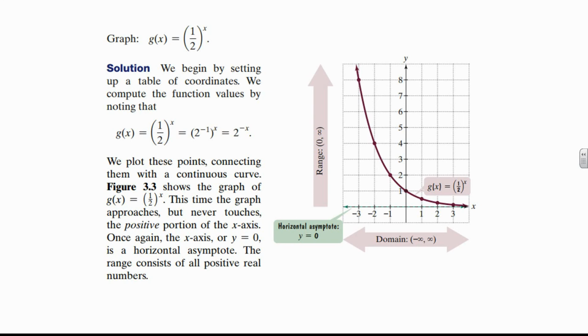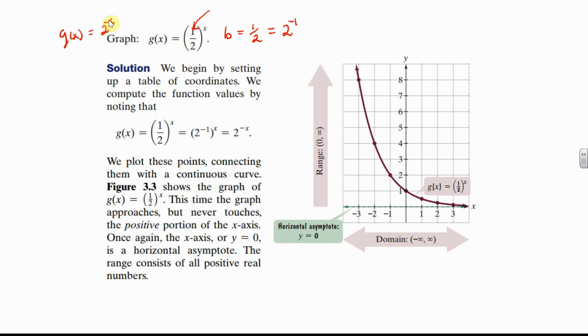Now, it's interesting that you see this number here, this 1 over 2. If that's the base, so basically here we're saying that b is equal to 1/2. You can think about that as being 2 to the negative first power, if you remember those laws of exponents. And so what this comes out to be is g of x is equal to 2 to the negative x power.